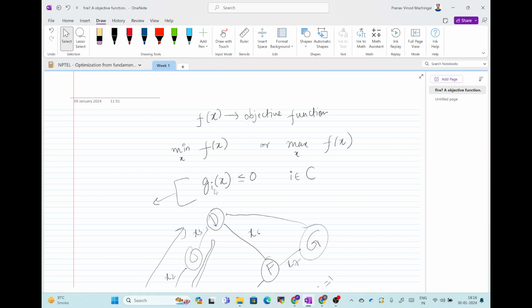So we need certain definitions and properties so that we have some handle on the problem. We can come up with a way to solve it efficiently, develop an algorithm, and verify whether the solution that we get is indeed a minimum or a maximum, and check if there is no other alternative, or if in some cases that is not easily possible. So can we get an upper bound, can we get a lower bound?